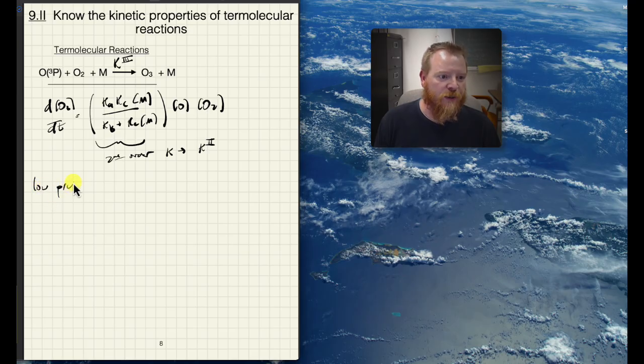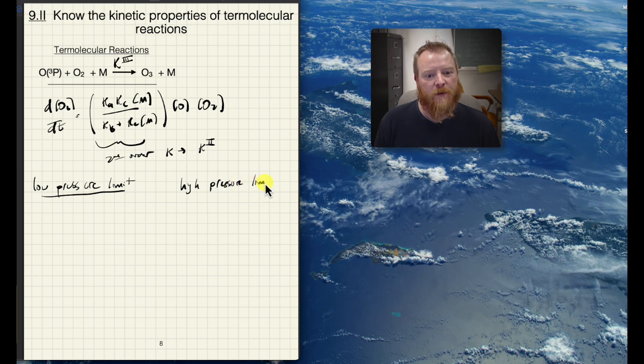So the low pressure limit, and then our high pressure limit. In our low pressure limit, our M is small, just like before, and in our high pressure limit, our M is large.